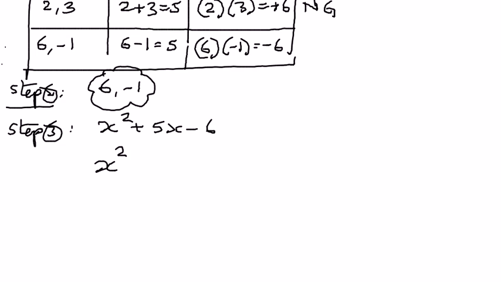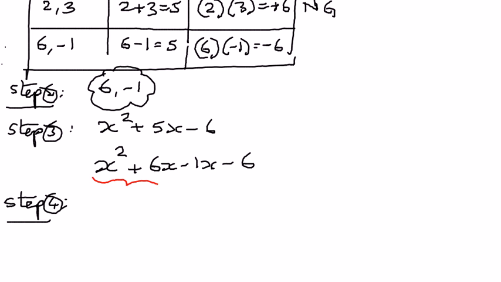X squared, I can write 5x as 6x minus 1x is 5x. I've expanded the middle term based on the two numbers which we just obtained, and then the last term I have is negative 6. Now I'm going to use my factoring by grouping technique to be able to simplify this.